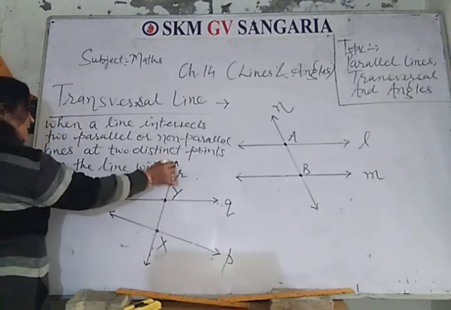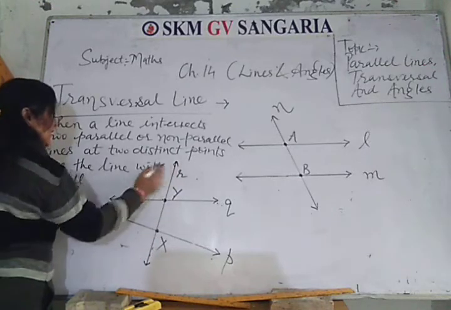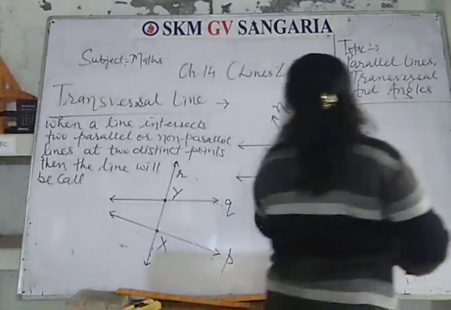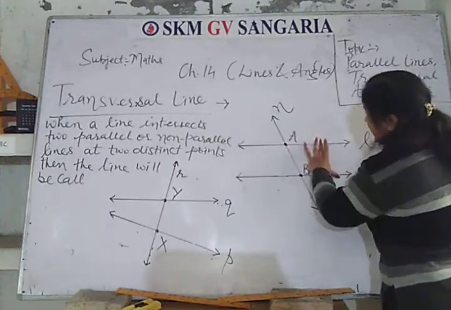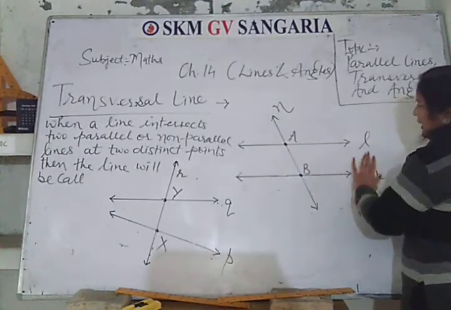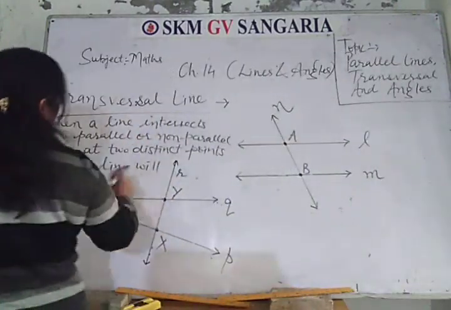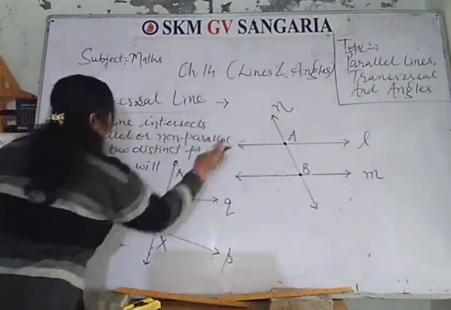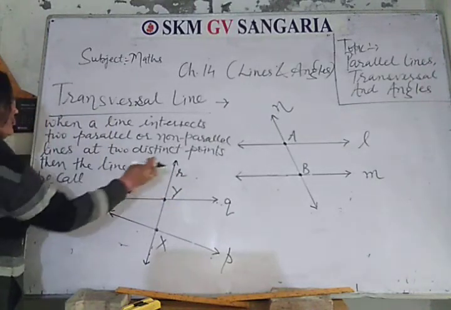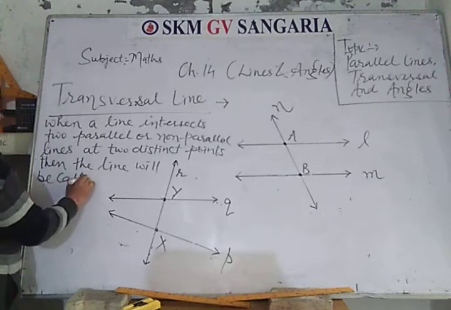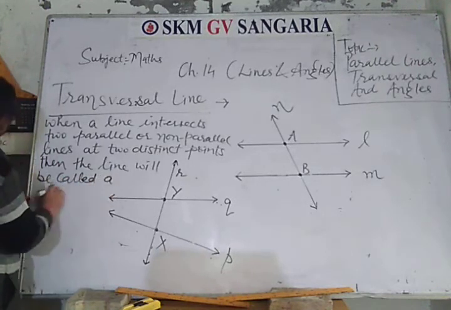So this third line is intersecting two non-parallel lines, and here this line N is intersecting two parallel lines L and M at two points A and B. Then the third line, here N, is a transversal, and here small r is a transversal line.